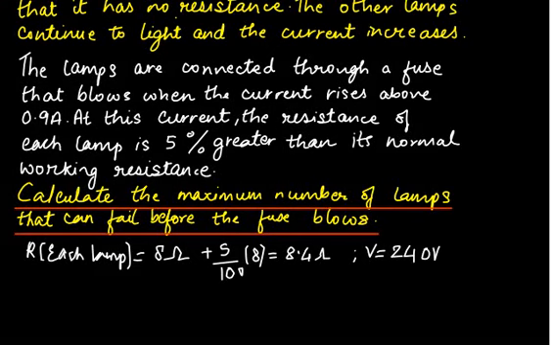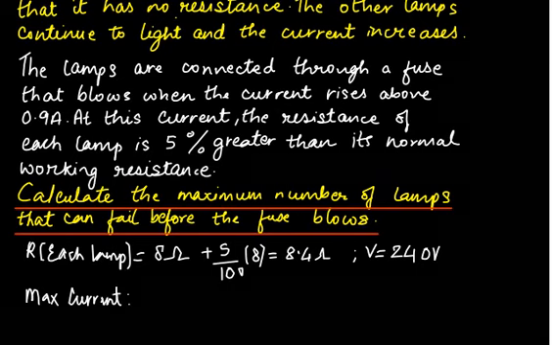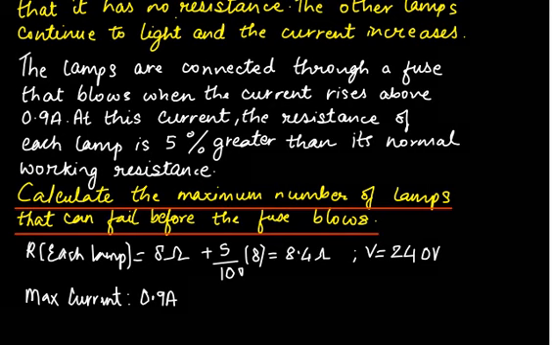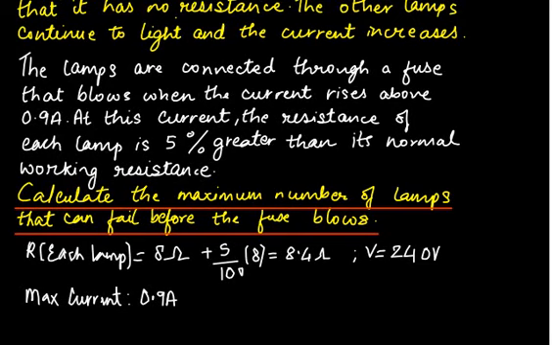Now the maximum current that can flow through the circuit they have given you as 0.9 amps. So now we have the maximum current, we know the battery voltage, so we can find out the maximum resistance of the circuit when the current is 0.9 amps. So again we'll apply Ohm's law, V equals IR.